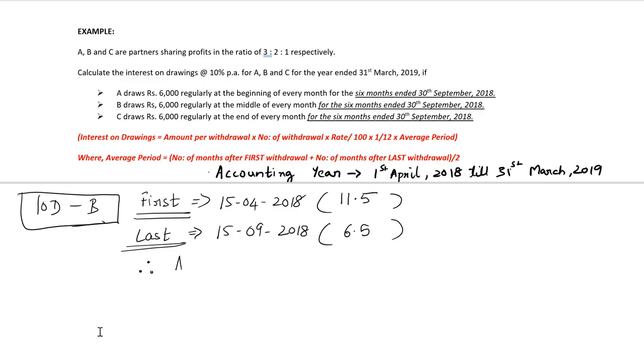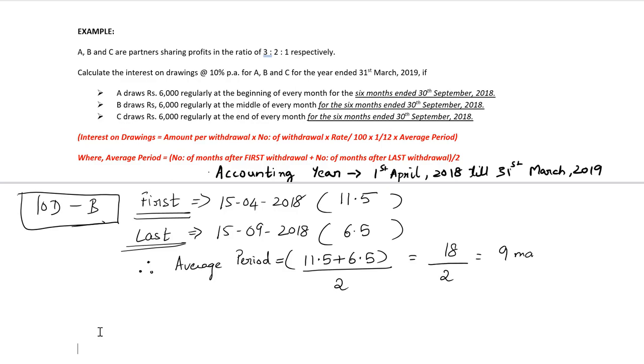Therefore, average period is 11.5 plus 6.5 divided by 2, 18 by 2, which is 9 months.